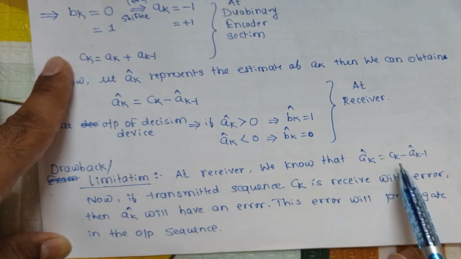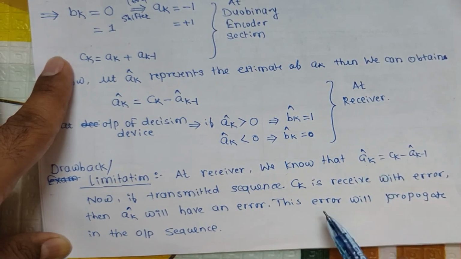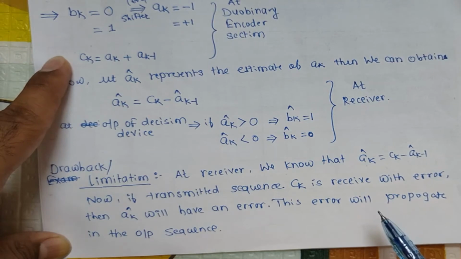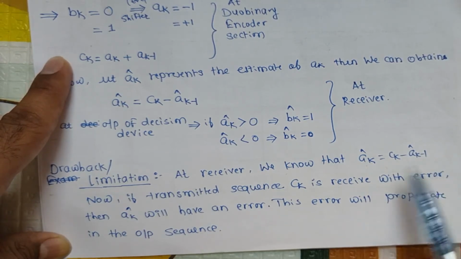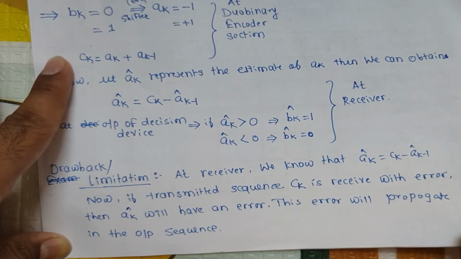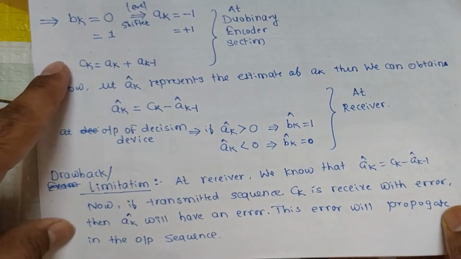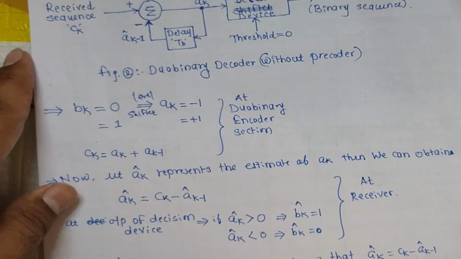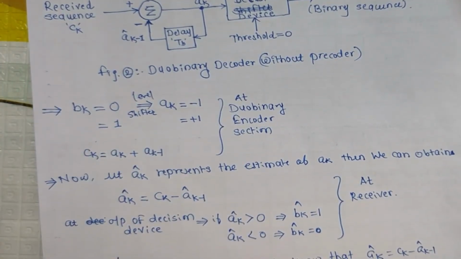If ck has the error, it also produces the error in ak, and this error will propagate in the output sequence because it's a dependent sequence, and this is the limitation. If the error is there in the transmitted sequence, it causes errors in the complete received sequence, which is the drawback of this system, and which will be overcome in the next session, the duobinary encoder with precoder. So we can use a precoder to avoid this particular error.